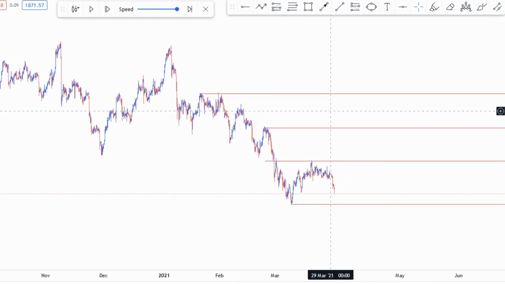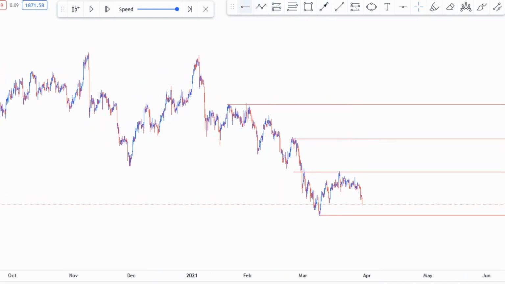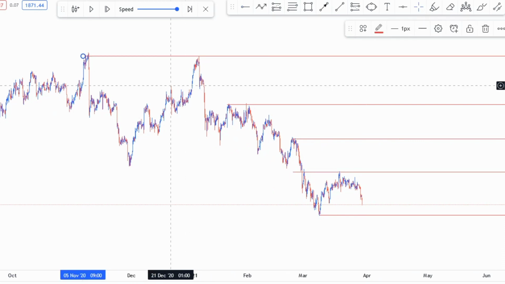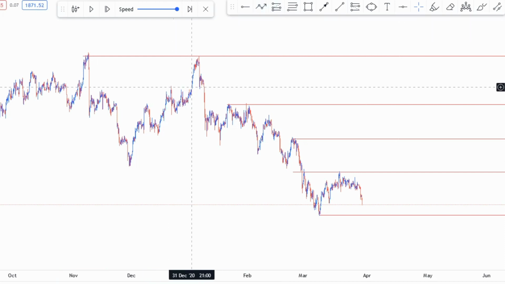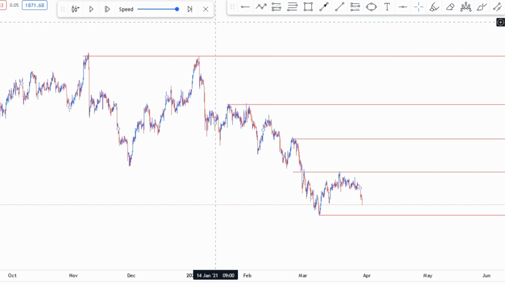So these are the key areas that I'll be looking out for price reaction. And this area here as well has been tested twice, and then this area over here just by this level here. Okay, so this is what I'll be looking at, these key areas that I've drawn.